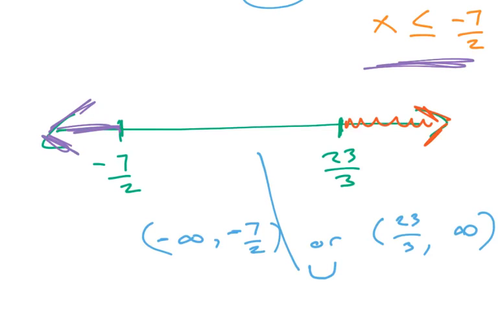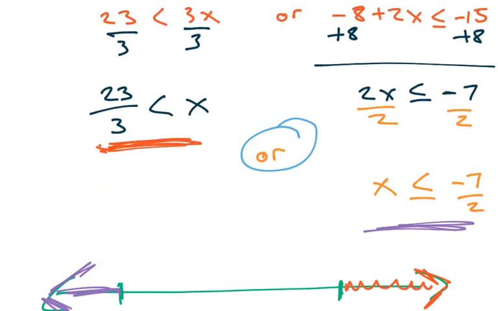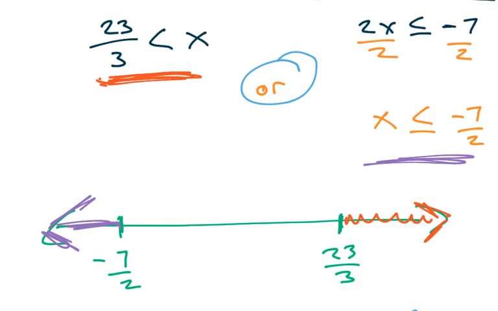So another thing that's important to realize here that I didn't draw in my picture is because of this inequality symbol, this is going to be a parentheses, because we're not including, oh, sorry, I'm looking at the wrong side, 23 over 3, so this one should be this parentheses, which means it's open. In other words, because this right here doesn't include 23 over 3.